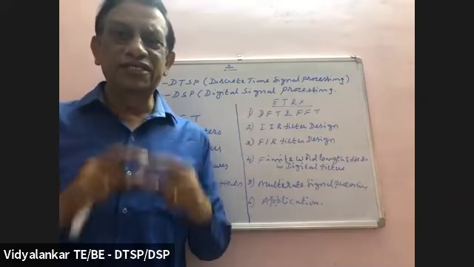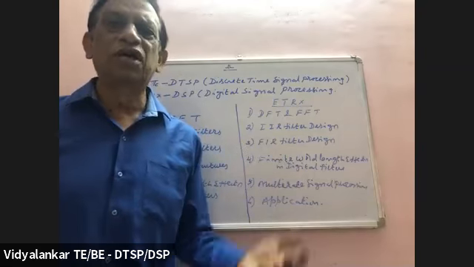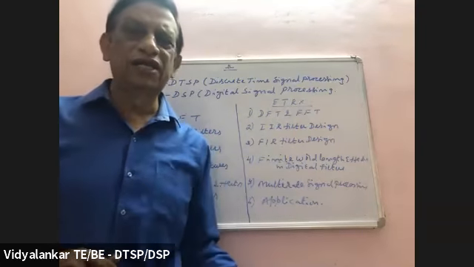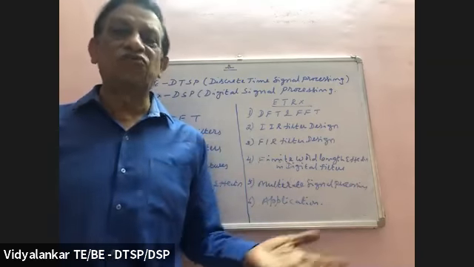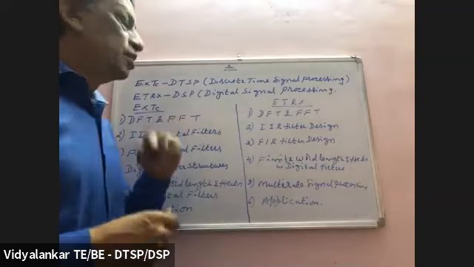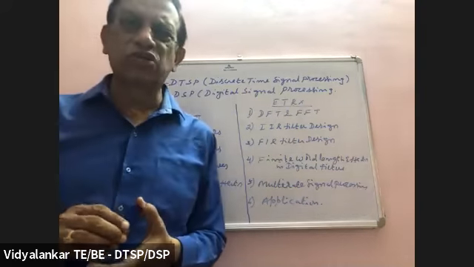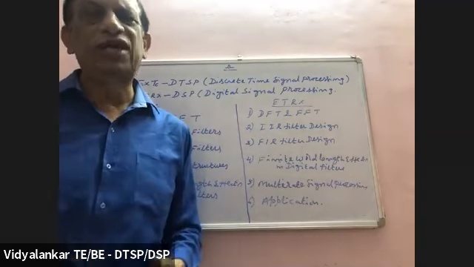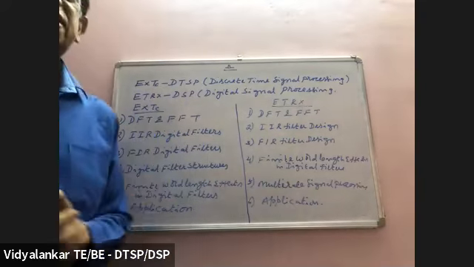DIF means decimation in frequency fast Fourier transform algorithm. Using these algorithms, a discrete time signal can be converted into a discrete spectrum very fast. As well as the inverse fast Fourier transform algorithms: IFFT, DIF-IFFT as well as DIT-IFFT. So that is this first module.